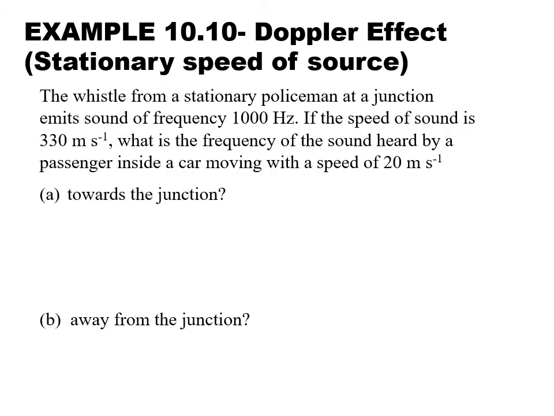Example 10.10, Doppler effect for a case of stationary source. The whistle from a stationary policeman at a junction emits sound of frequency 1000 Hz. So this is your Fs. If the speed of sound is 330, your V, what is the frequency of sound heard? The question asks you to find F observer by a passenger inside a car moving with a speed of 20 meters per second.